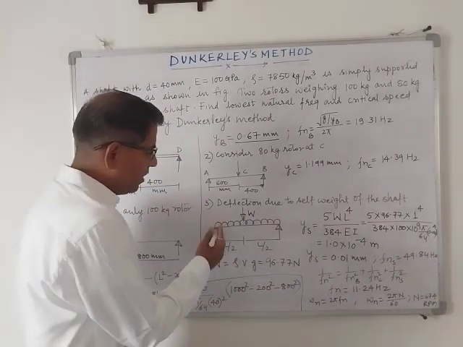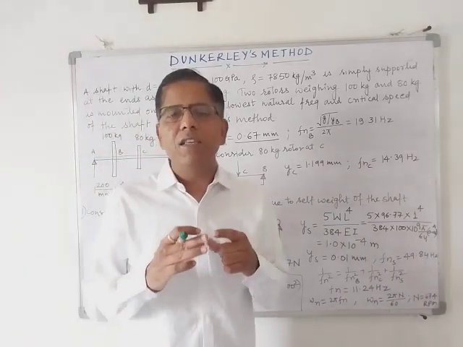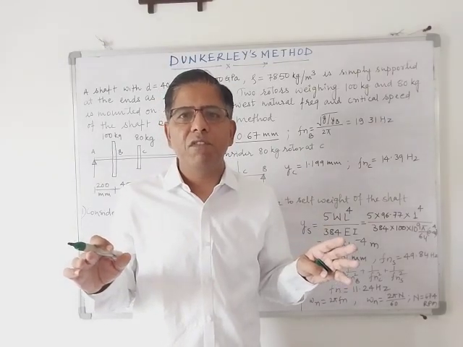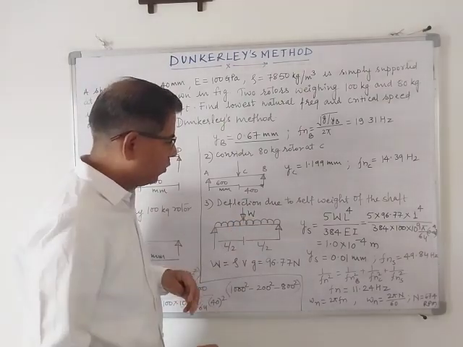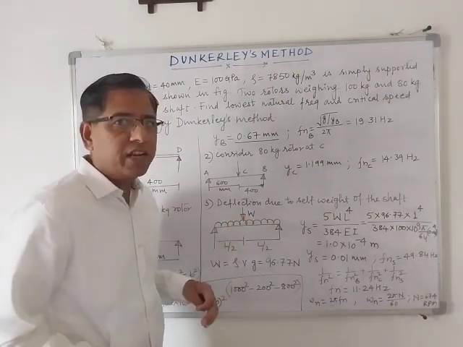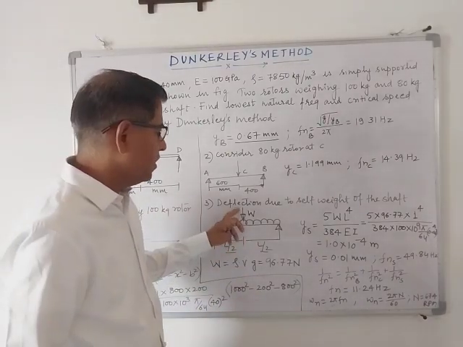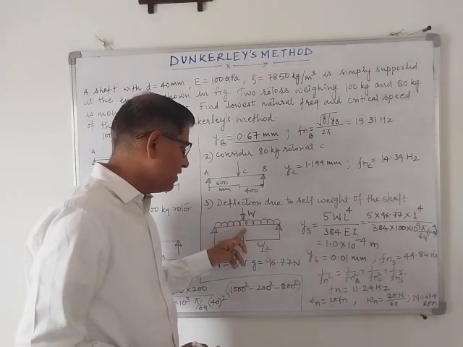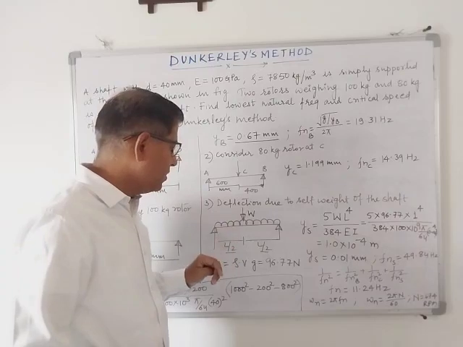Since the weight of the shaft is uniformly distributed over the span, this is the UDL, a uniformly distributed load, with the equivalent point load acting at the center. It is L by 2, L by 2. So the entire weight of the shaft is concentrated at the center, equidistant from the two ends.